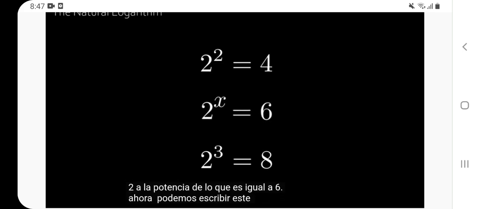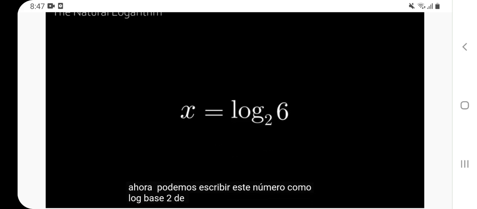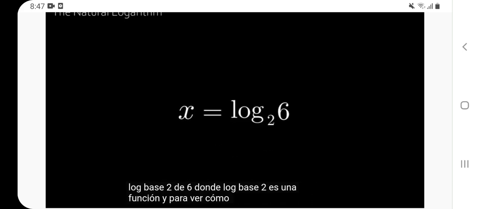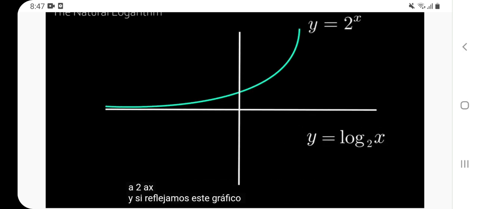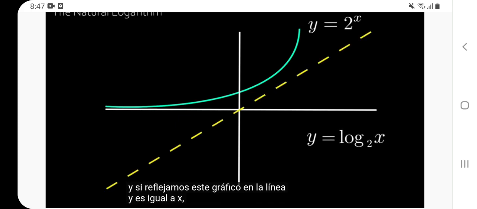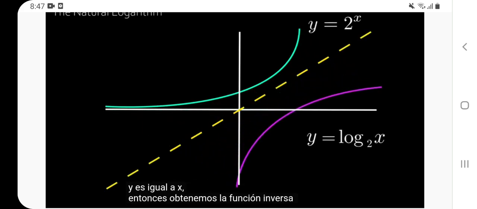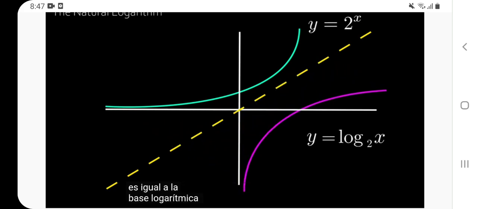Now we can write this number as log base 2 of 6, where log base 2 is a function, and to see how we get this function, let's consider y equal to log base 2 of x. Now we have a graph of y is equal to 2 to the x, and if we reflect this graph in the line y equals x, then we get the inverse function y equals log base 2 of x.